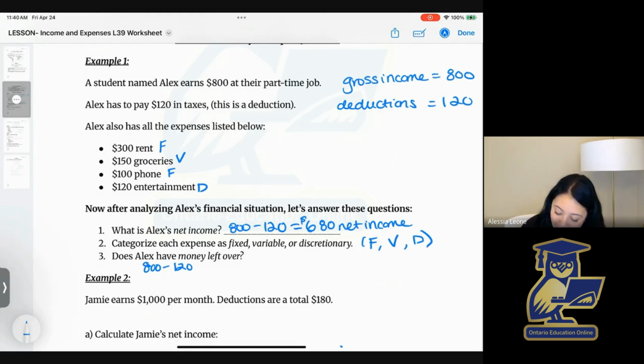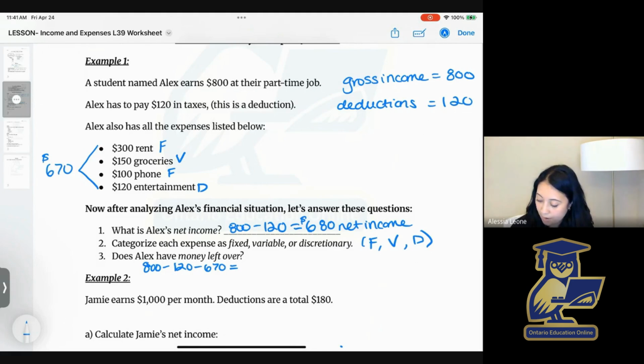So if we add all these expenses together, let's see what that is. 300 plus 150 plus 100 plus 120. So this is $670. So we have to minus $670. That's the total of his expenses.